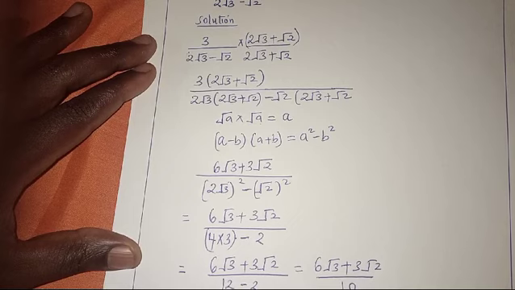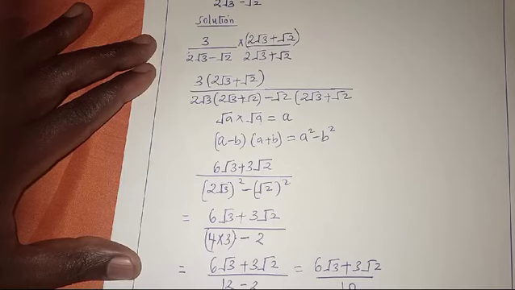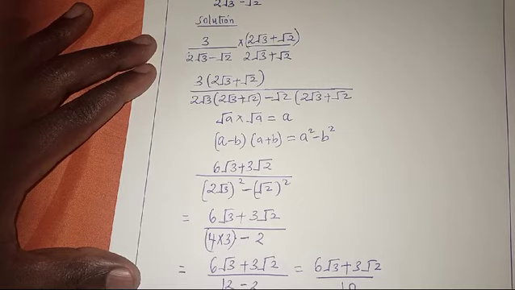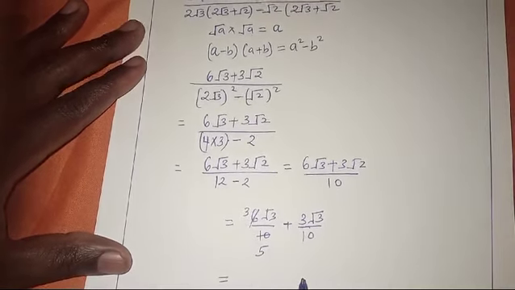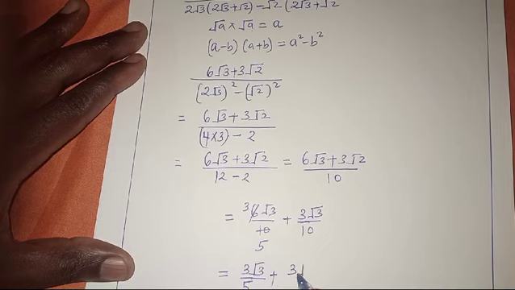root 2. So 2 goes here, 2 goes here 3 times, 2 goes here 5 times. So our final answer, in fact, is going to be 3 over 5 root 3, then plus 3 root 2 over 10.